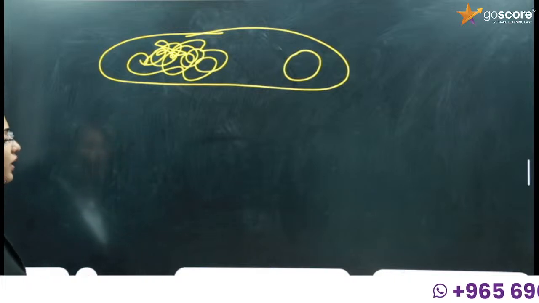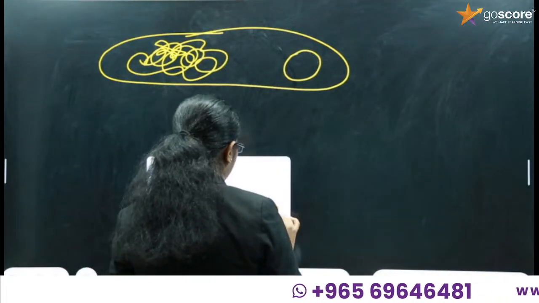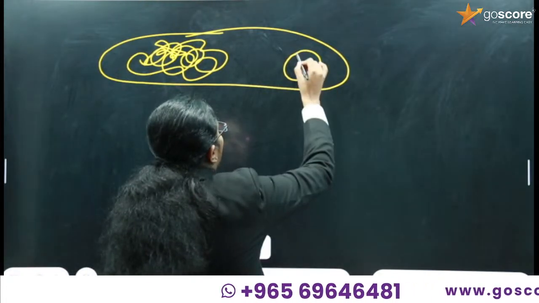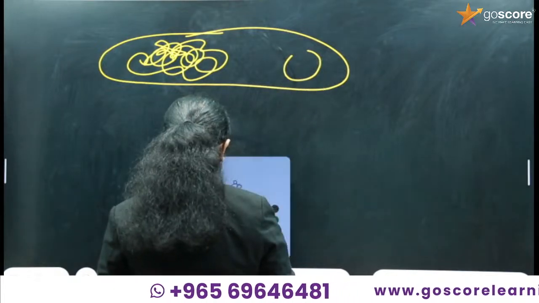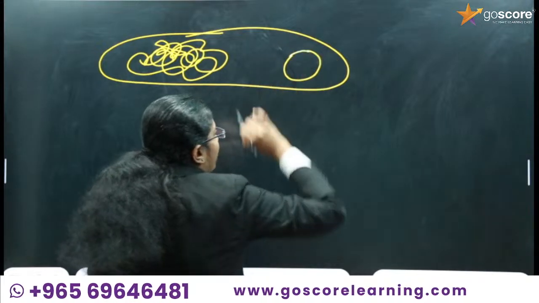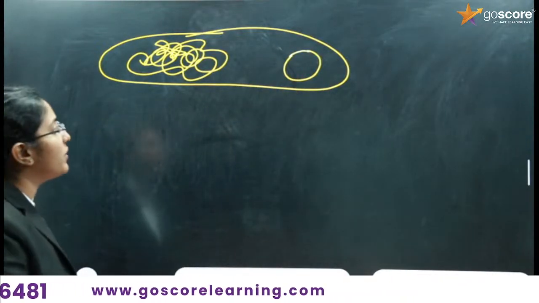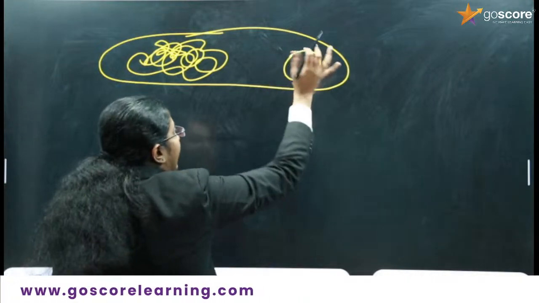So if you are integrating the particular gene, see, in the plasmid, the desired gene is integrated into the plasmid. What happens? It is replicating independently.